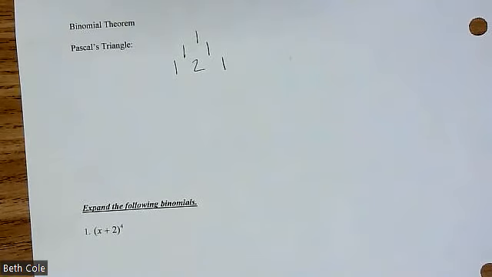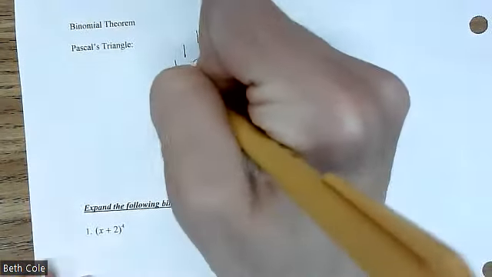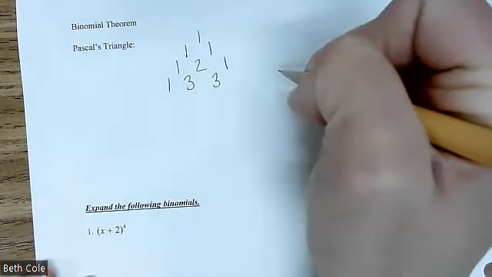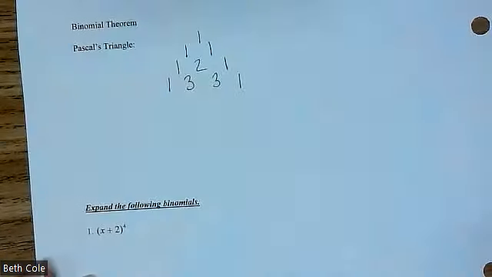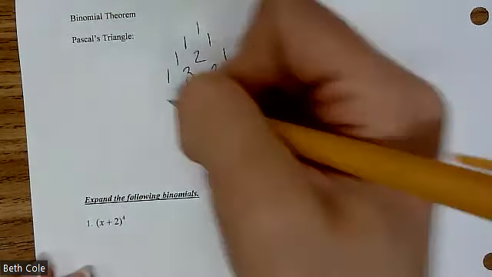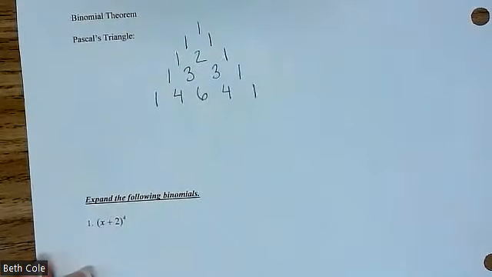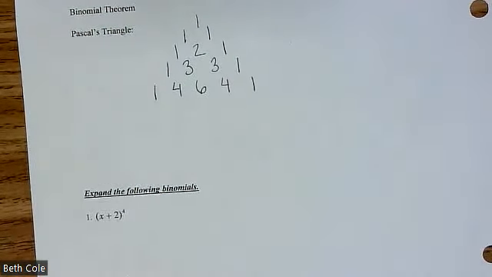1, 3, 4. Oh, I get it. What is going on? Hold on, I want you guys to figure it out. Just be quiet and let everybody think. Wait, 3 plus 3 equals 6.